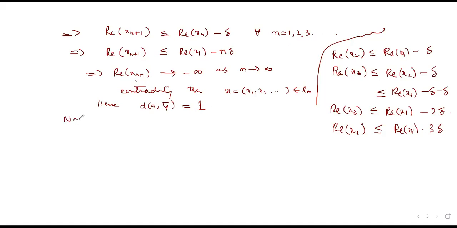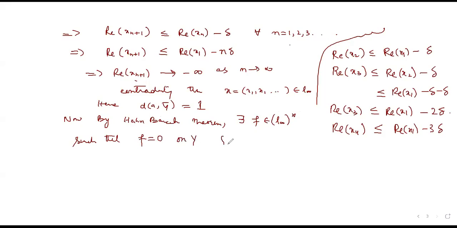Now by the Hahn-Banach theorem, यहाँ पे हमारा मिलेगा functional जो मैं चाह रहा था, ये Banach limit जिसको हमने की by Hahn-Banach theorem. Actually one of the consequences जो हमने कल की थी, there exists f belonging to L infinity star, that means a bounded linear functional on L infinity, such that f is 0 on Y and f of a is equal to distance of a to Y bar, which we have proved is equal to 1, and norm of f is equal to 1.